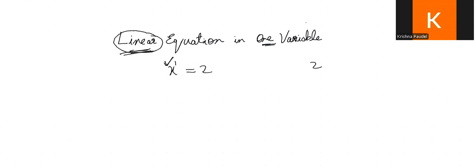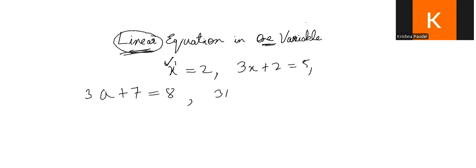I suppose linear equation in one variable is clear. So generally, another equation can be 3a plus 7 equals to 8. Some more examples I can give: 3b minus 2 equals to 8.